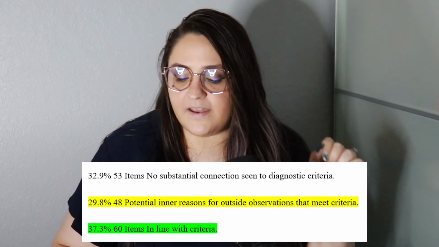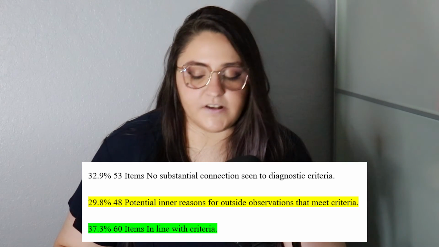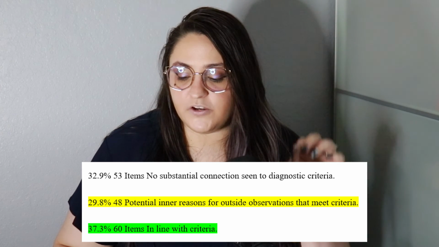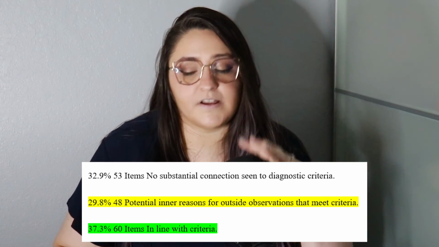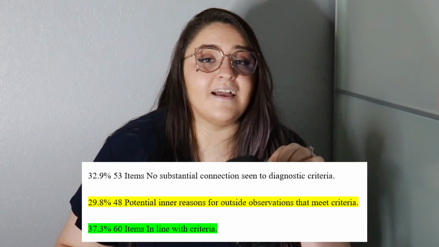So after all of this, my personal assessment, my reasoning I've shared in this video, this is how the Samantha Craft unofficial checklist ranks against specifically the DSM-5 criteria. 32.9% or 53 items had no substantial connection seen in the diagnostic criteria. 29.8% or 48 potential inner reasons for outside observations that meet criteria or were very highly adjacent to criteria. 37.3%, 60 items were in line with criteria.